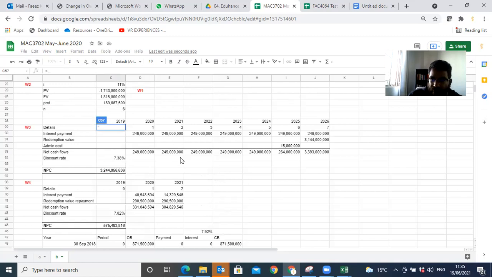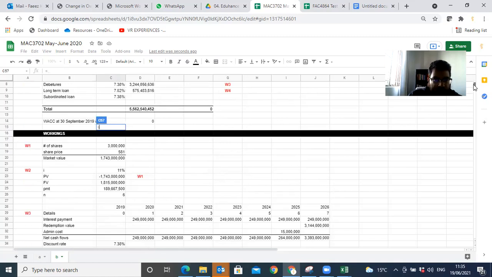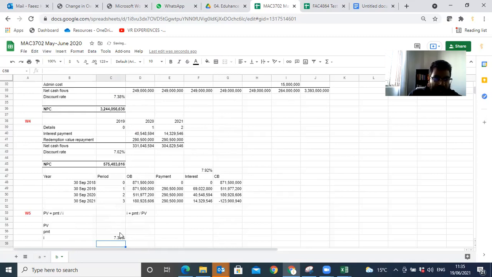So where was that now? It is subordinated 7.38. So it is given. Now we can calculate PMT. Remember, PMT is the interest cost. So the interest cost is calculated as outstanding loan multiplied by, so nominal value multiplied by coupon rate.